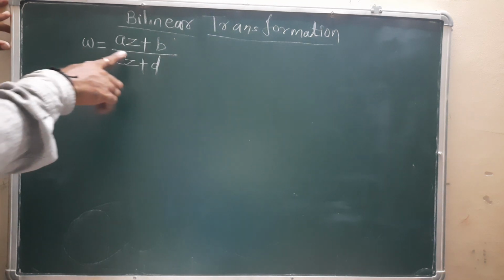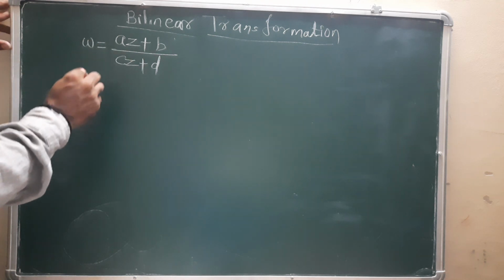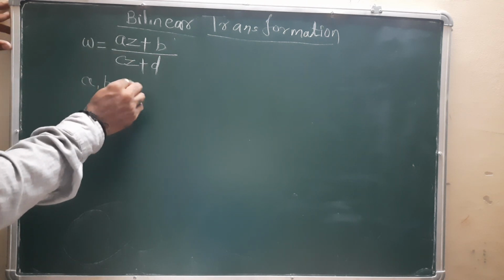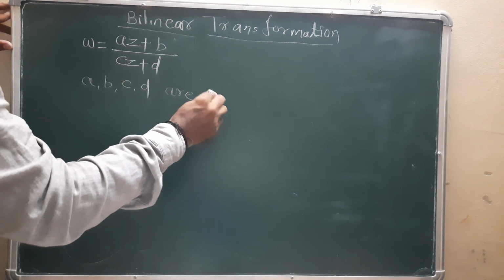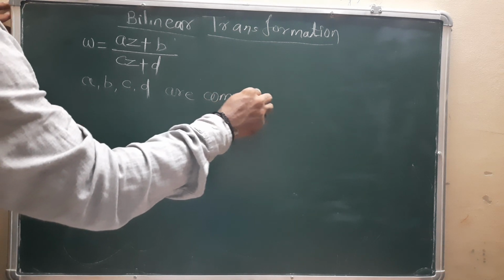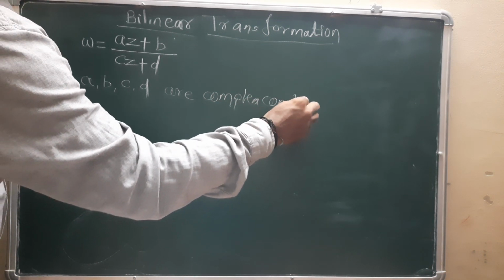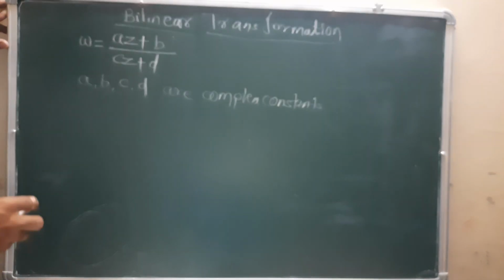So the transformation of this form, where A, B, C, D are complex constants, and AD minus BC is not equal to 0, is known as bilinear transformation.